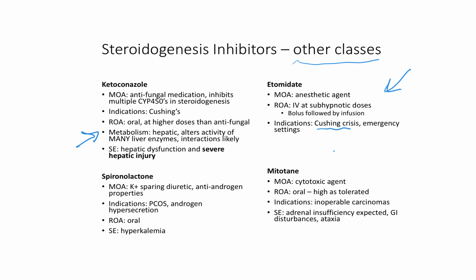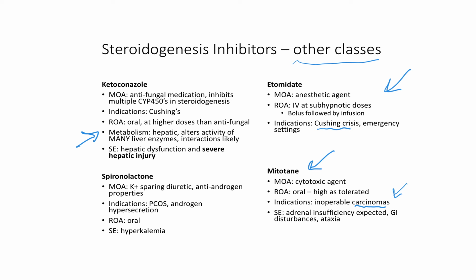Another thing that's really out of left field is mitotane, and that's actually a drug used in the treatment of cancer. This is used for inoperable carcinomas, so not adenomas, which are benign growths, but carcinomas are malignant growths. If somebody has a malignant growth that is causing steroidogenesis, that's interacting with the body in a maladaptive way, you can give mitotane as a chemotherapeutic.